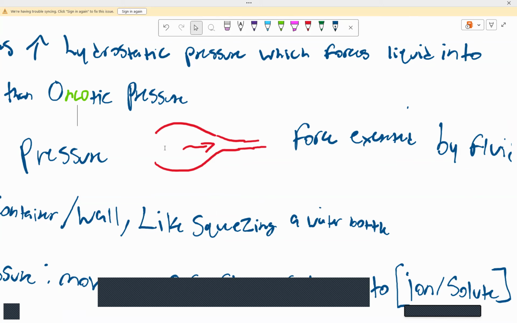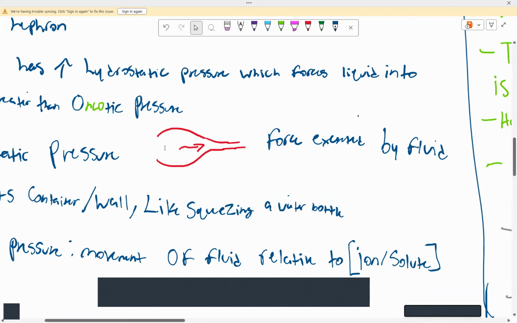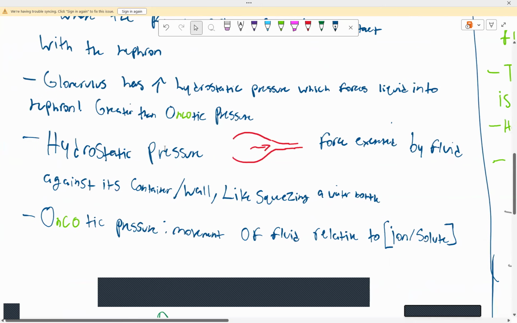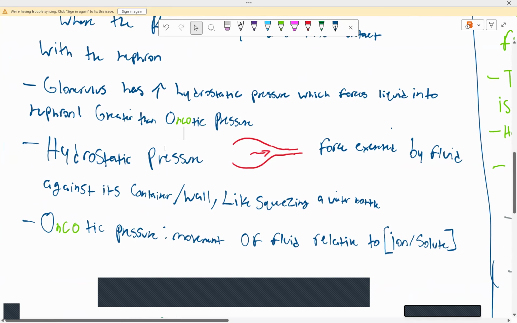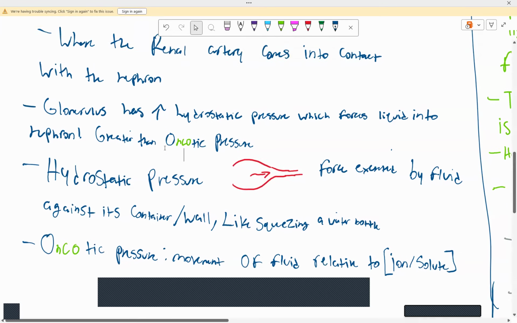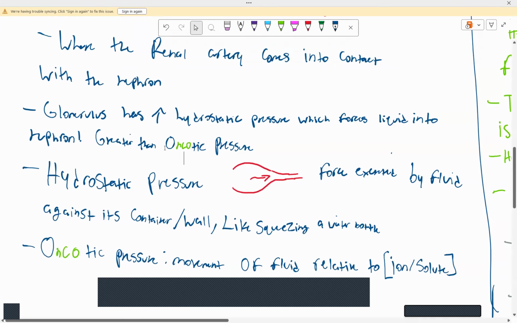So you're shooting the liquid outwards. That's the same thing you could think about for hydrostatic pressure. It's the force being exerted by the fluid against its container wall. So if you're going from a large to a small space, which is happening in Bowman's capsule, for example, then you're going to force a fluid into that open space, which is the nephron.